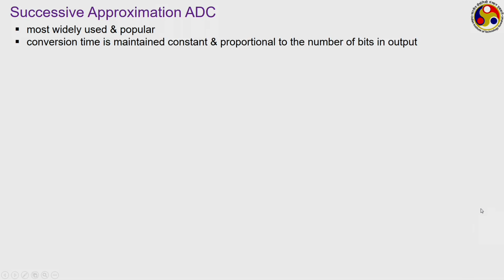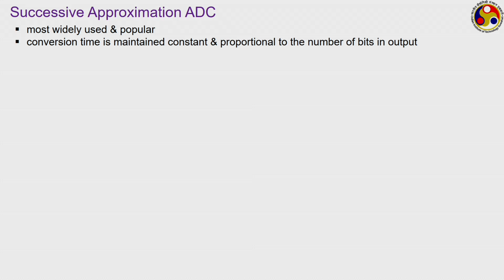But we shall now be talking about the successive approximation ADC, which is probably the most widely used and popular one. It has a conversion time maintained constant and proportional to the number of bits in the output. Like in the previous two converters, we have seen that the conversion time depends on the input signal itself.